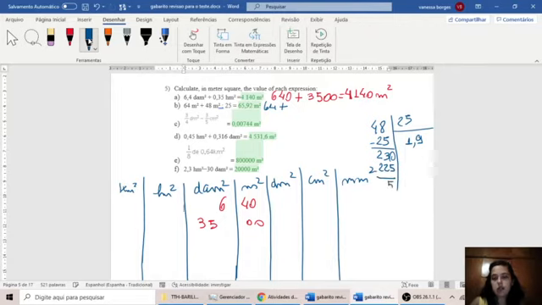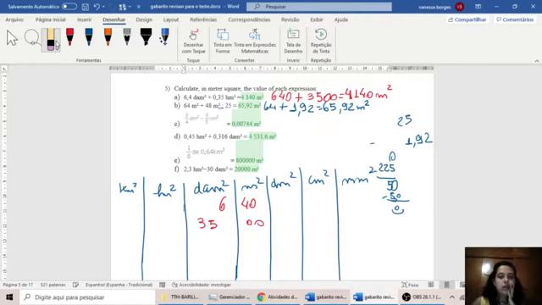And it leaves 5. I'm going to continue the calculation. 50 divided by 25 is 2. And it leaves nothing. So plus 1.92 meters square, it will be 6592 meters square, right?